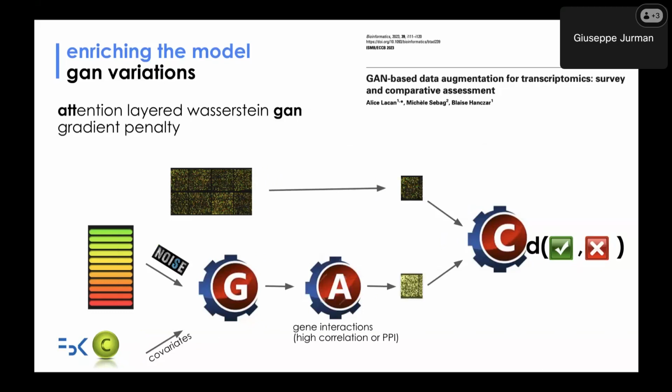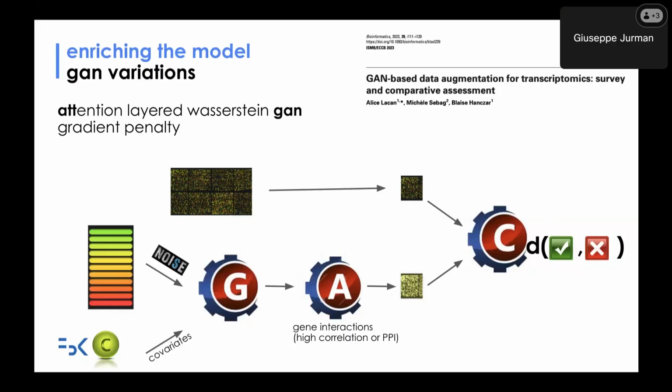Finally, the state of the art is also using an attention mechanism. So not only are we using covariates and Wasserstein distance, but an attention layer is introduced between the generator and the critic that is responsible for injecting a priori knowledge about the structure of the data.